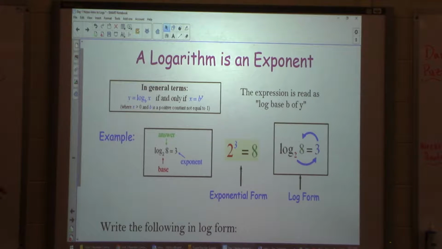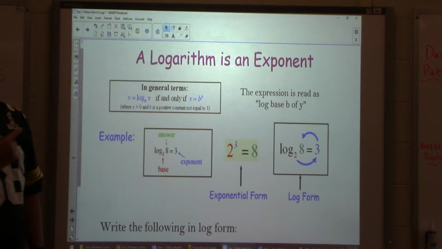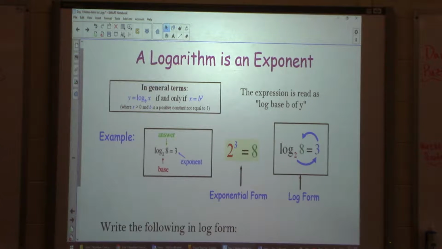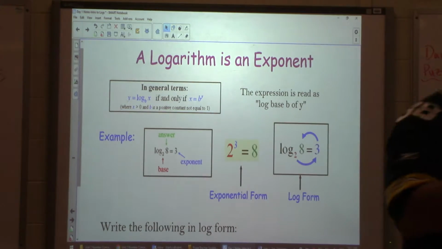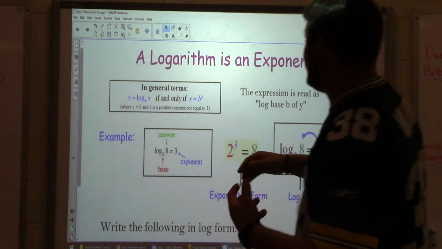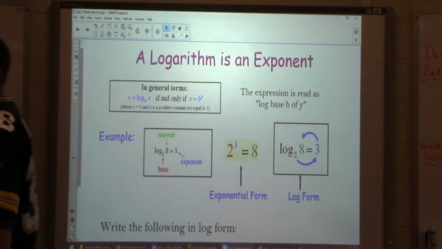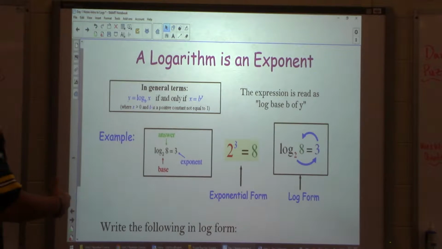Then exponential form is x equals b to the y power. Right? Something with an exponent in it. Exponential form. We're going to go back and forth between the two. Today we're basically practicing how do you go back and forth between the two. You should be able to know how to do this by heart because you're not going to get these on a test. Alright? So you need to know how to go from log form to exponential, exponential to log.